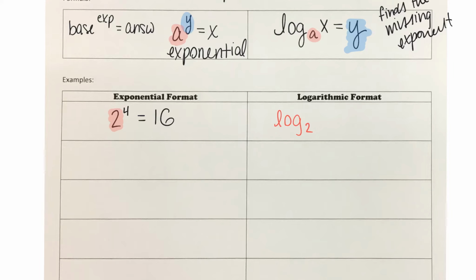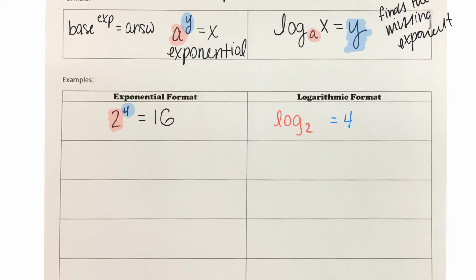Well, y, we already know in this case, remember y was, we had in blue, this 4. So that's going to become my answer. So my answer is going to equal 4.